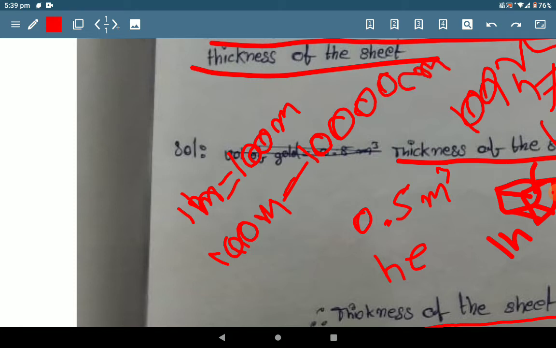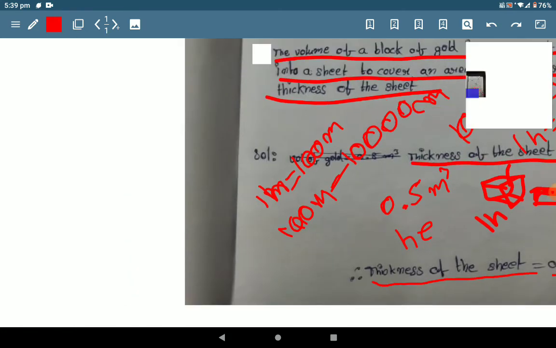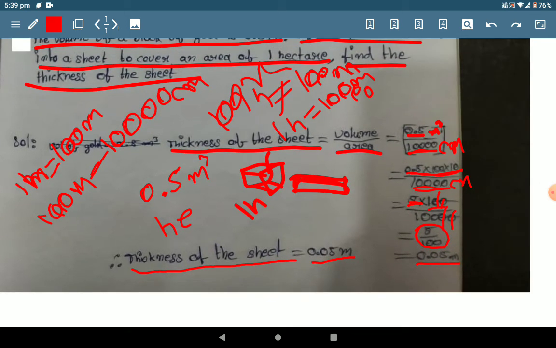I had messed up quite a few times here because I thought 1 hectare was 100 meters, then it was 10,000 meters, and all that other stuff.